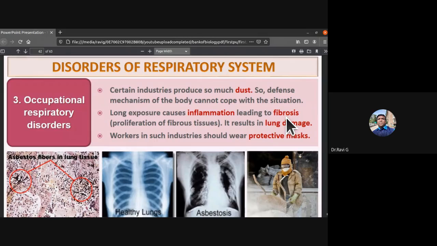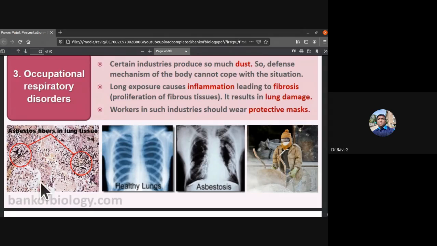Fibrosis is proliferation of fibrous tissue, and it results in damage of the lungs. Workers in such industries should wear protective masks to avoid this dust, which causes damage to the lungs.